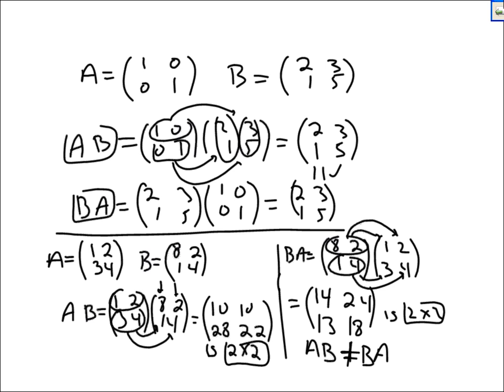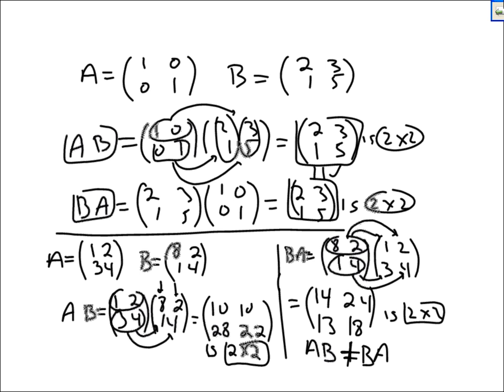The only prayer for them to be equal is if they're both the same size. And even then, you have to do the computation. It turns out that AB and BA were equal here. But AB and BA down here were not equal. And they were both the same size.